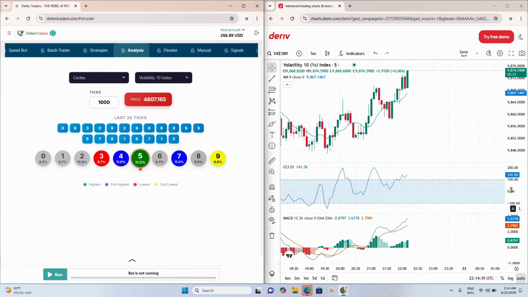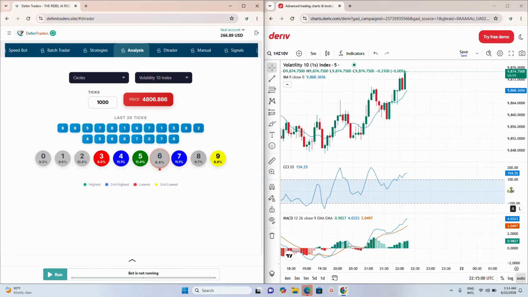Remember the MACD, we only trade on the strong green candles or the strong red candles. We don't trade on the undecided or the faded green candles or faded red candles. Remember, that is a mandatory thing. MACD is used to make market confirmations. If you find that the two indicators, CCI and moving average, have given you a prediction of the market rise, throw your eyes on the MACD to confirm if the candle that is there is strong green.